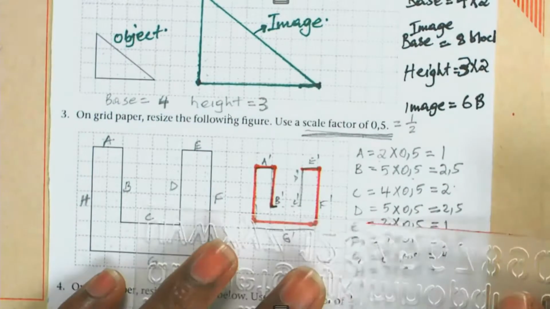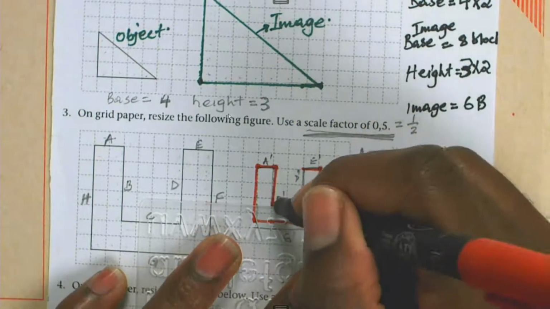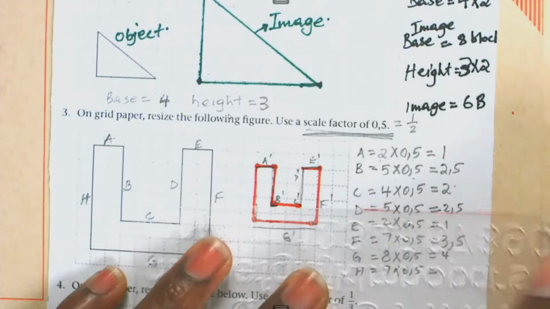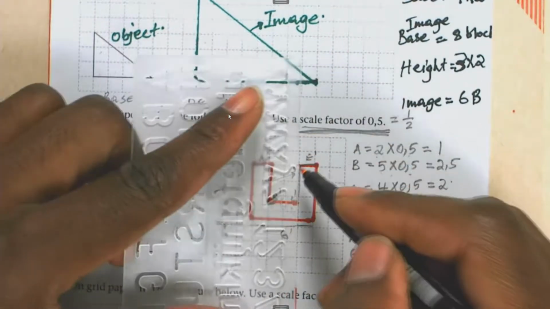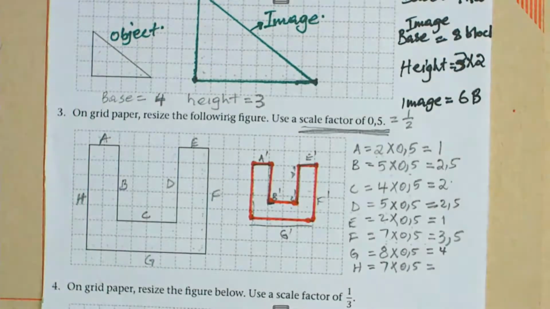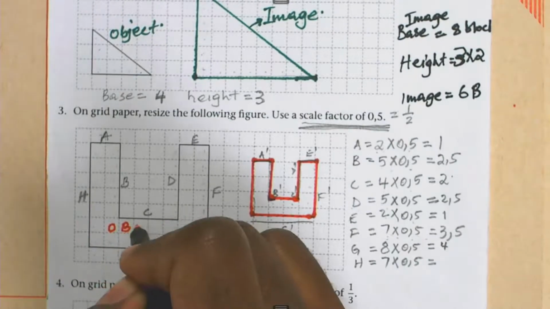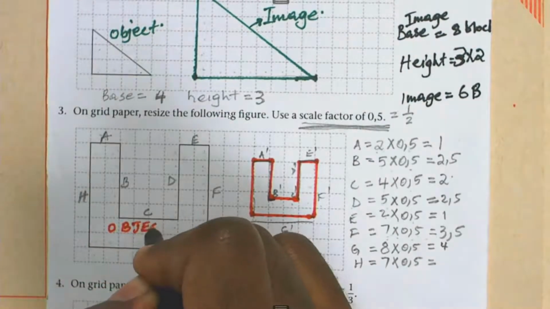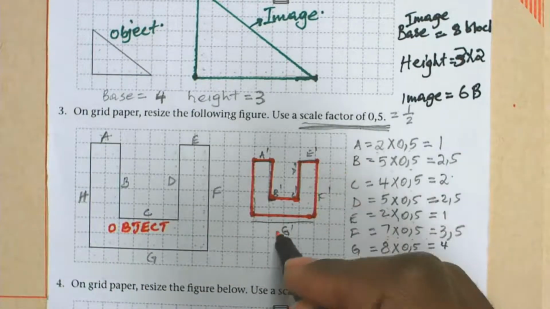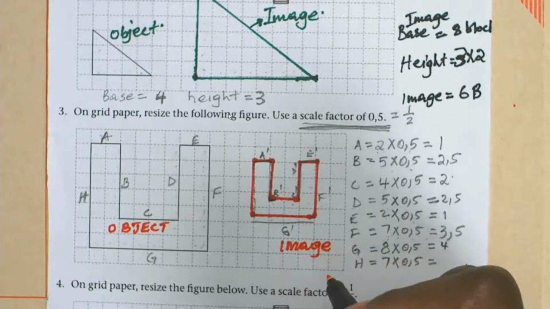It was only a semi part of half of the block. Then I will be joining this one. And also I will join this one. Therefore, I have my reduced image. So this was the object. This is the image, guys.